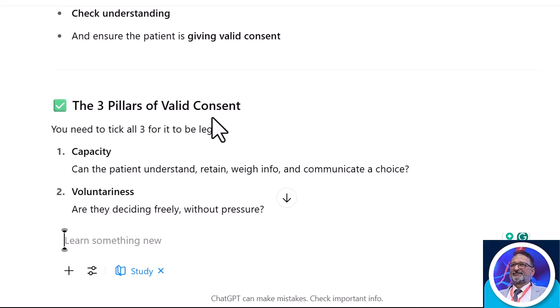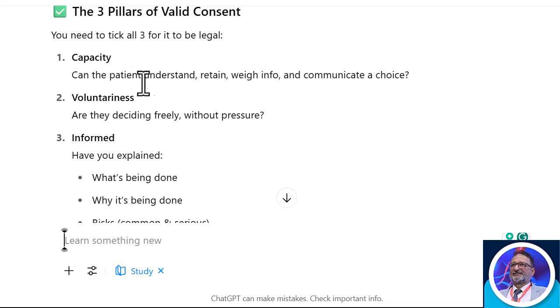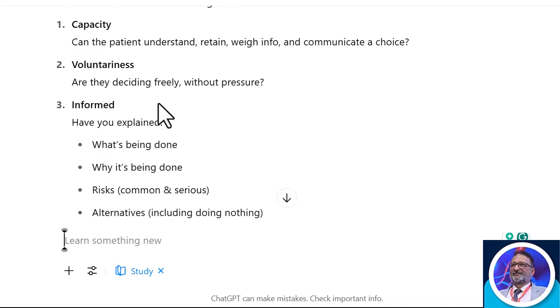There are three pillars of a valid consent, which are capacity, voluntariness, and being informed. Capacity is that the patient can understand, retain and weigh information, and communicate a choice. Voluntary means deciding freely without any pressure, so you don't have any pressure to have an operation.